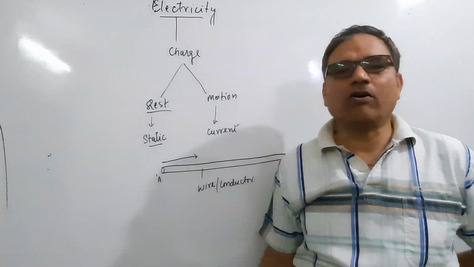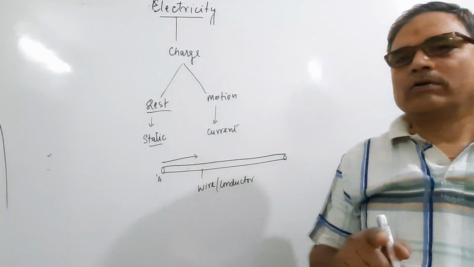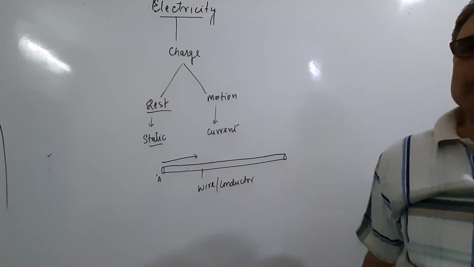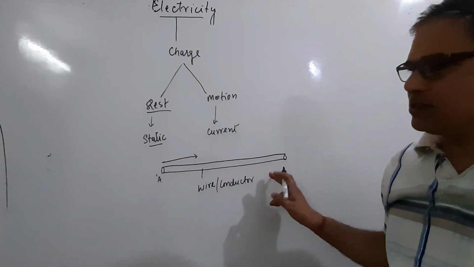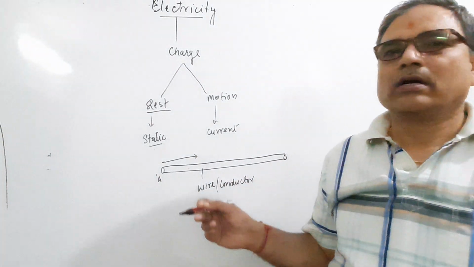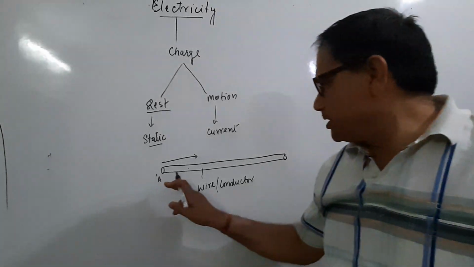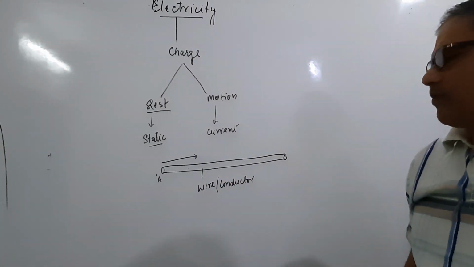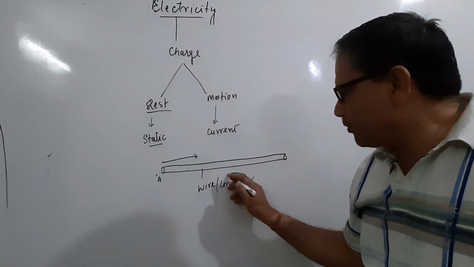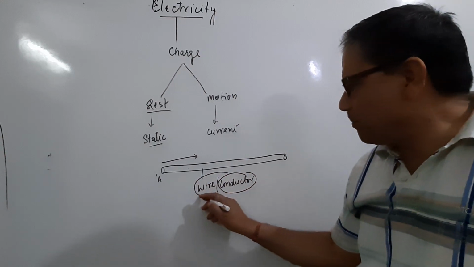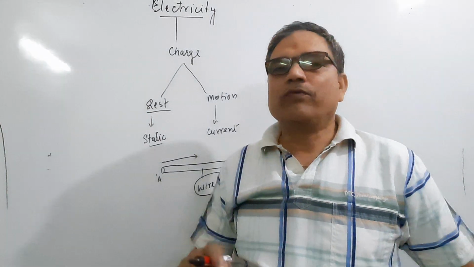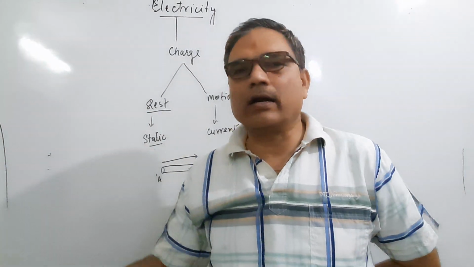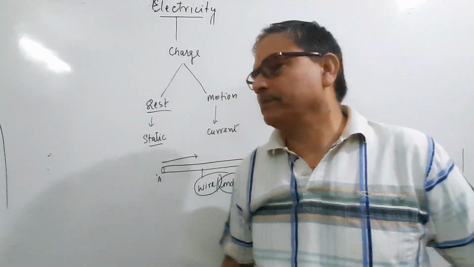And what is the meaning of conductor here? It means it allows the charge to pass inside the wire. Therefore the wire behaves as a conductor. Conductors are those substances which allow the electric current, the charge, to pass.